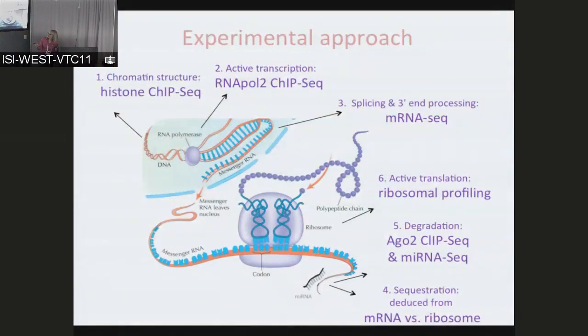The initial proposal was quite broad, but as it was funded, we're now focusing on the transcriptome and then what happens in its maturation, so the splicing and processing, and then post-transcriptional events leading to translation.